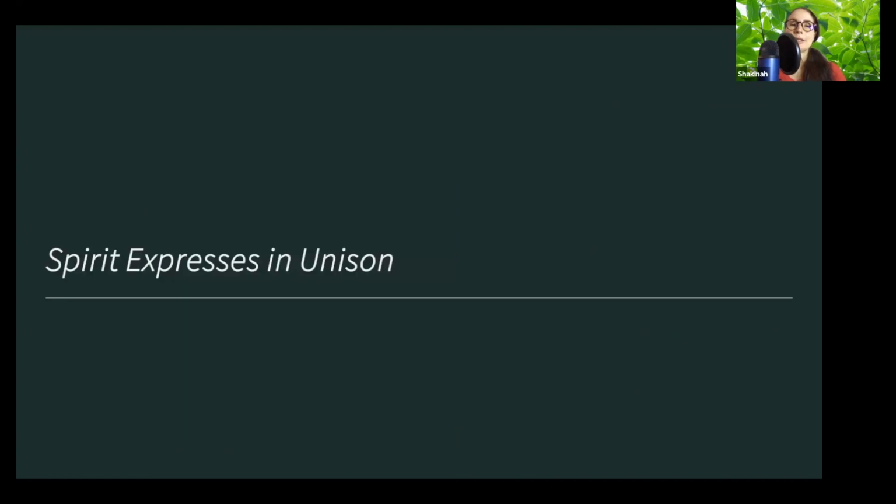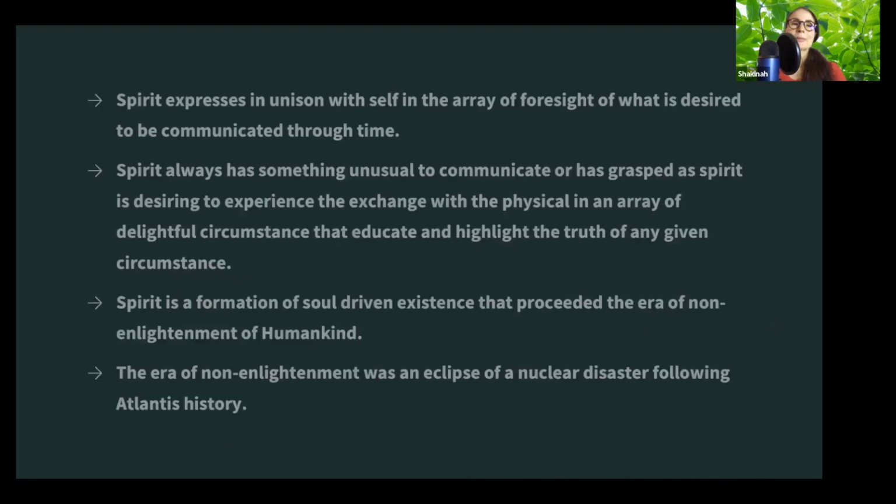Spirit expresses in unison. Spirit expresses in unison with self in the array of foresight of what is desired to be communicated through time. Spirit always has something unusual to communicate or has grasped, as spirit is desiring the experience, to experience the exchange with the physical in an array of delightful circumstance that educate and highlight the truth of any given circumstance.